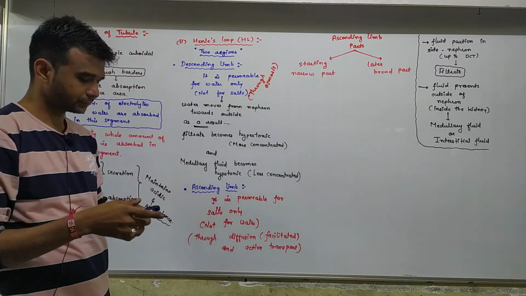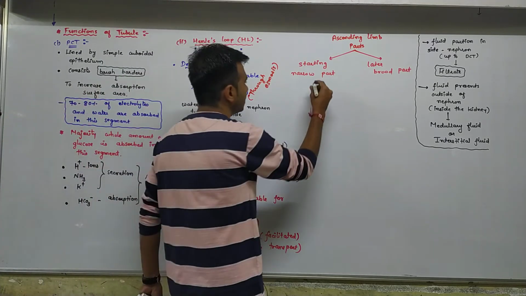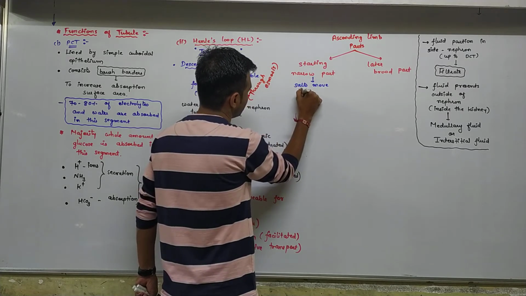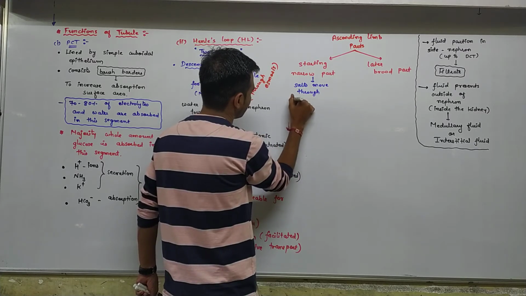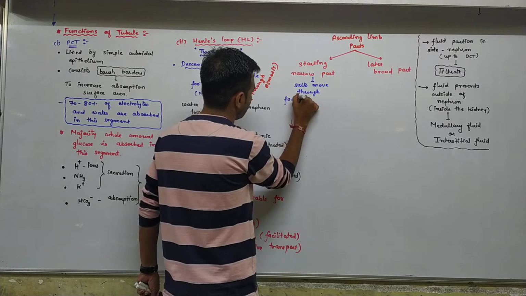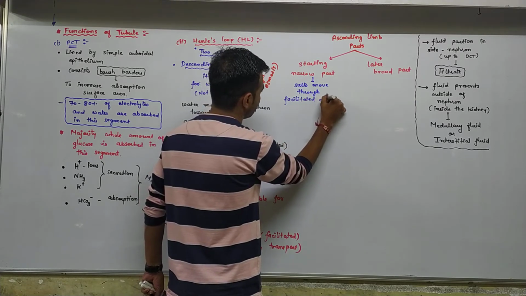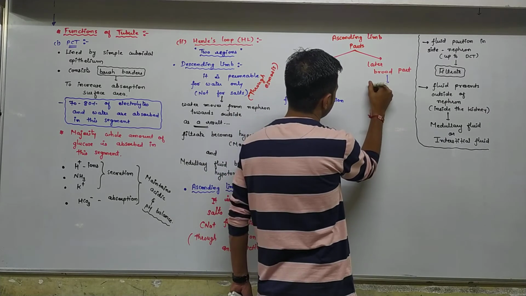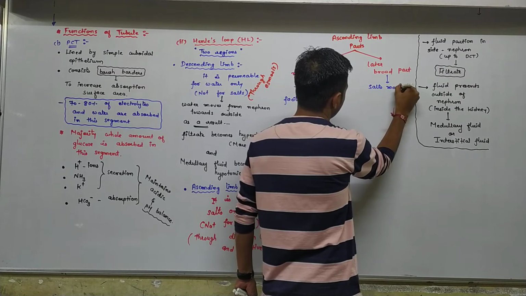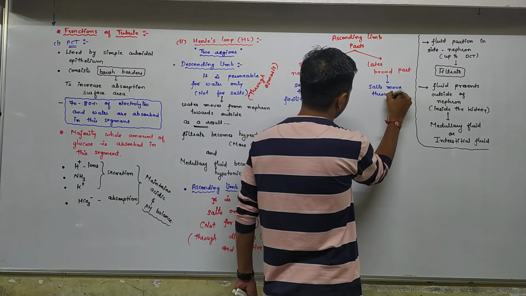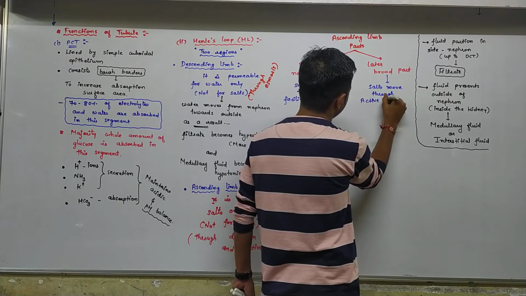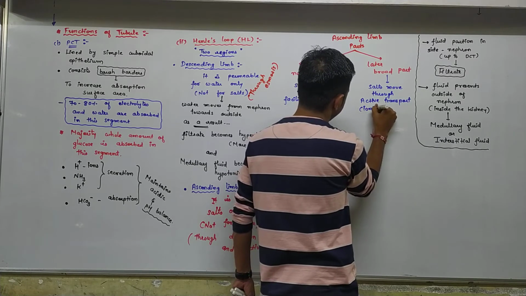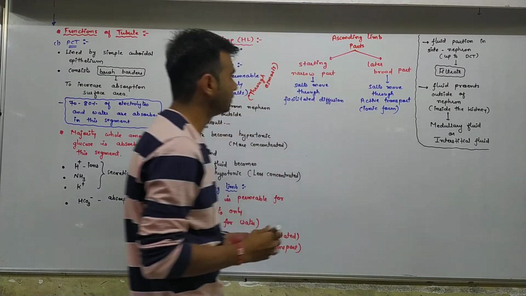Now only you remember that in the starting narrow part, salts move through facilitated diffusion, whereas in the later broad part, salts move through active transport, but in the ionic form.